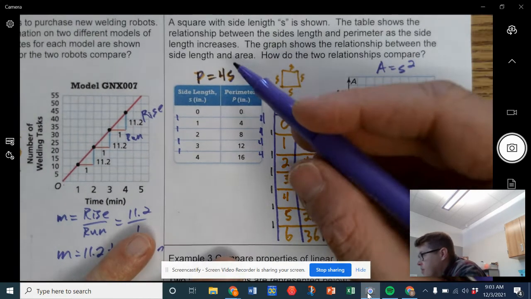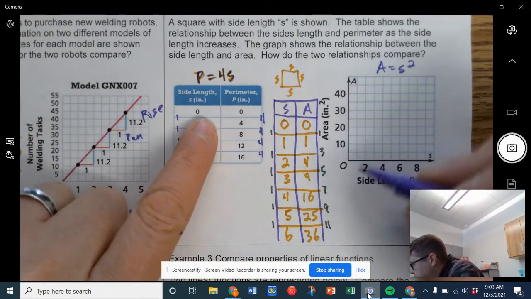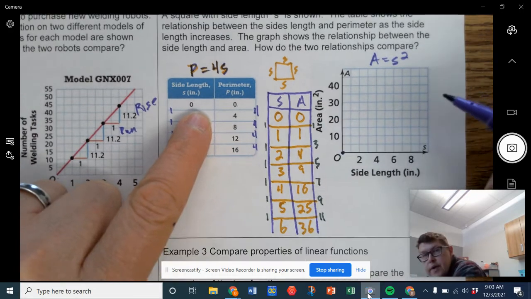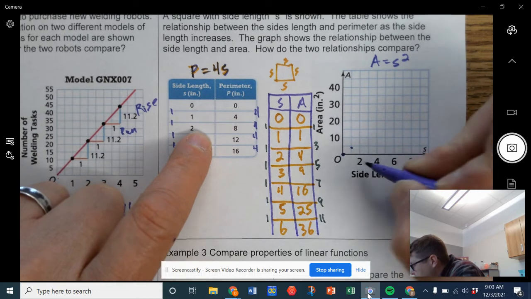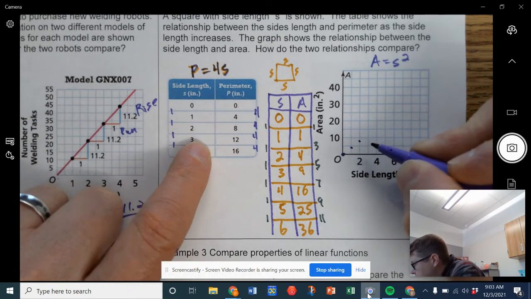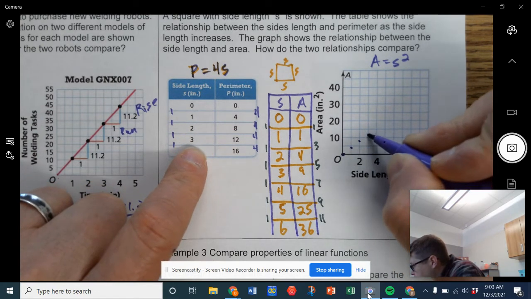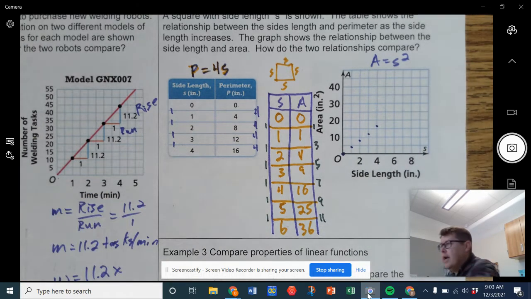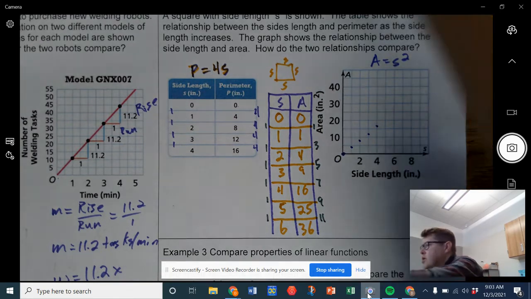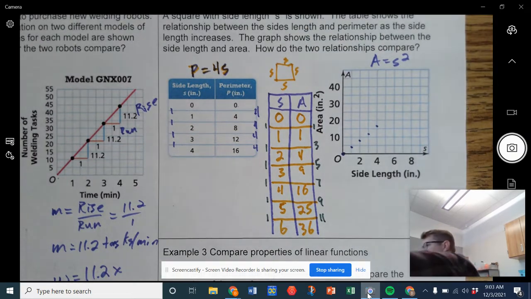So perimeter in purple, 0, 0 is right here, okay? And then 1, 4, we go over 1, and then just before 5, and then over 2, a little bit there, right? 3, 12, 4, 16. So we're kind of eyeballing it, but it's not too bad. I've seen worse graphs, definitely.